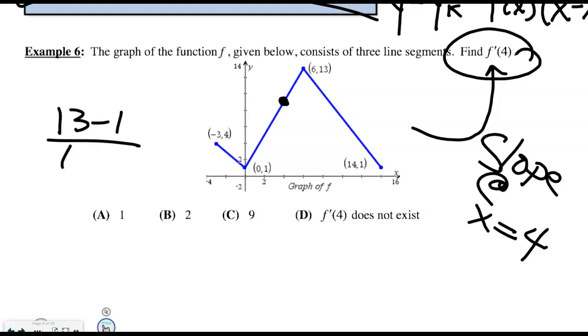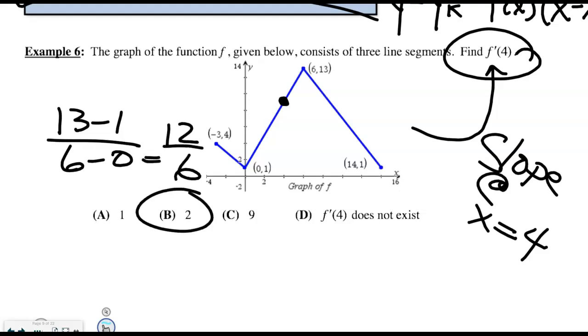Change in y, 13 minus 1 is 12, over 6 minus 0 is 6, which is 2. Excellent. Even if they said right here, you'd say 2. Right here, you would say 2. If they said find f prime of 10, then you have to find the slope of that line. Are we good with that?